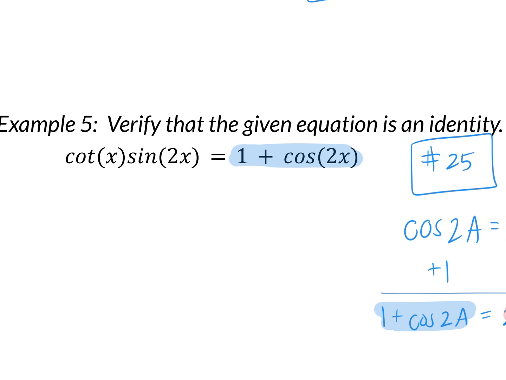Cotangent is cosine over sine. There we go. Cosine of x over sine of x. Okay, and then let's rewrite sine of 2x with my formula, number 24. My formula for sine of 2x is 2 sine of x cosine of x.